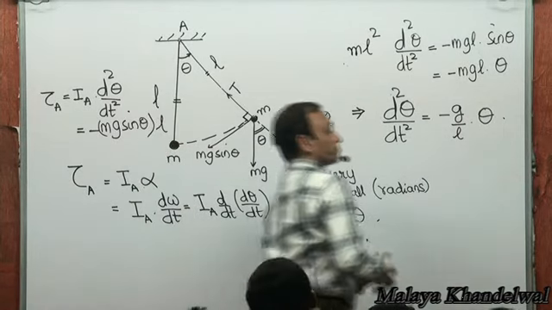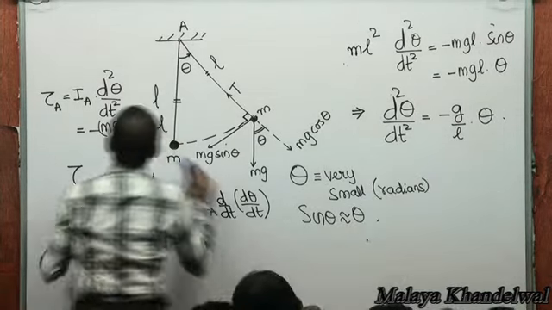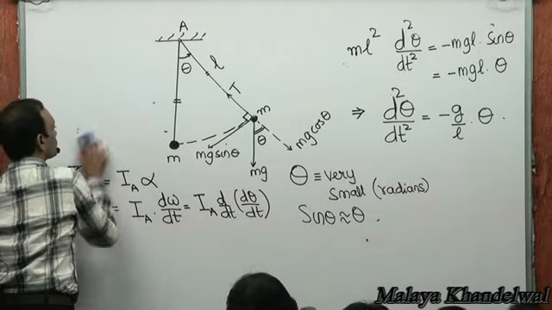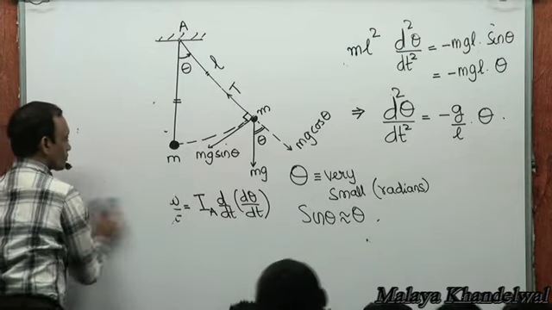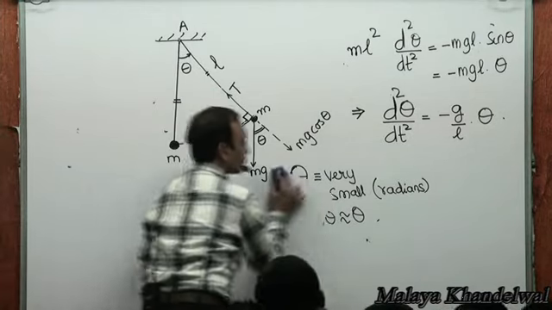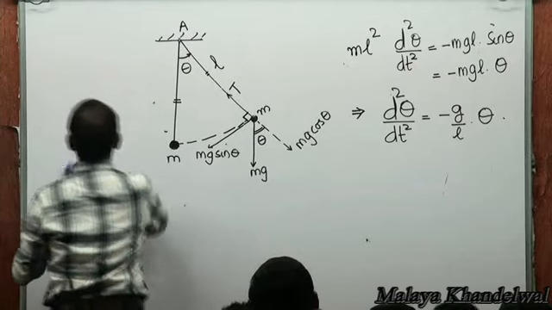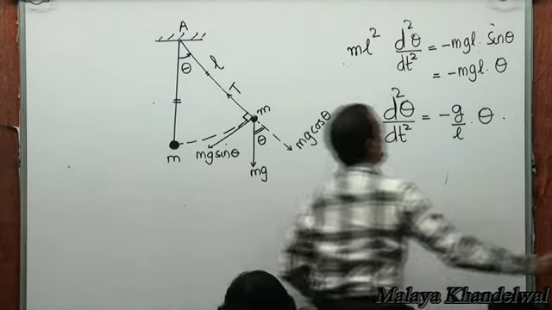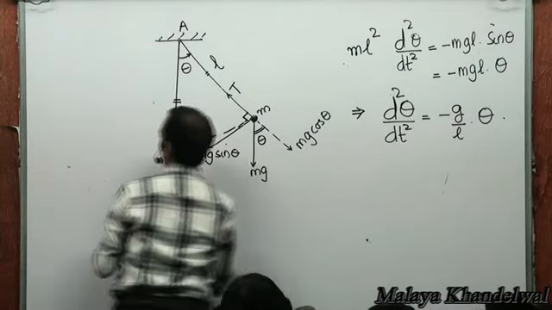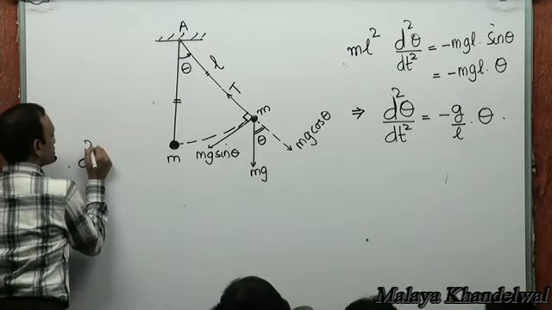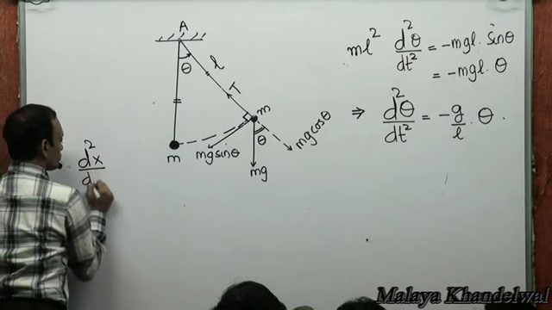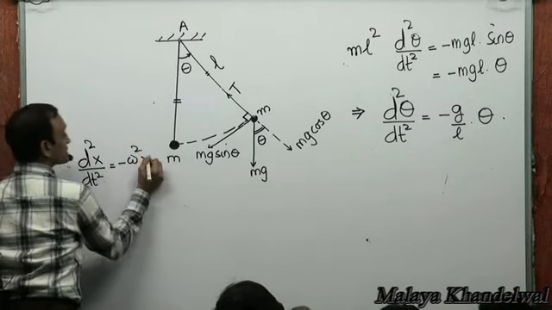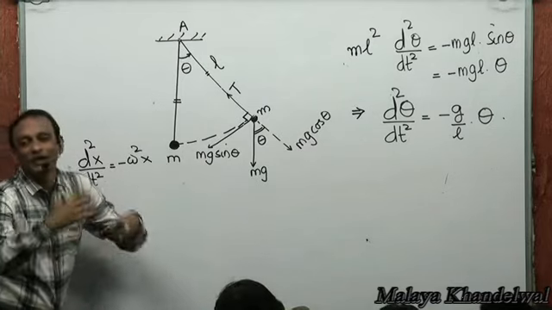See, recall that d2x dt2 is minus omega squared x. x was the harmonic variable.